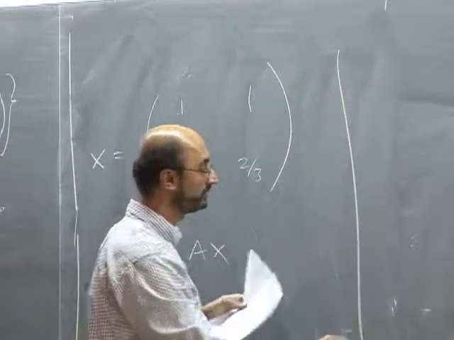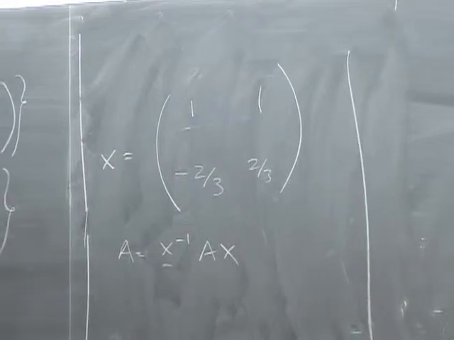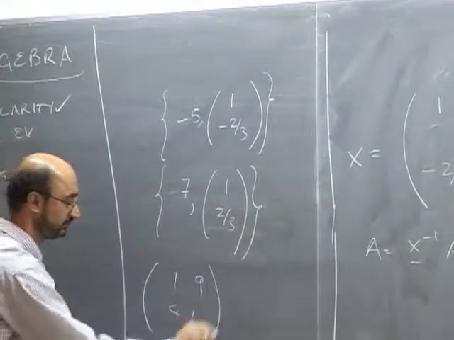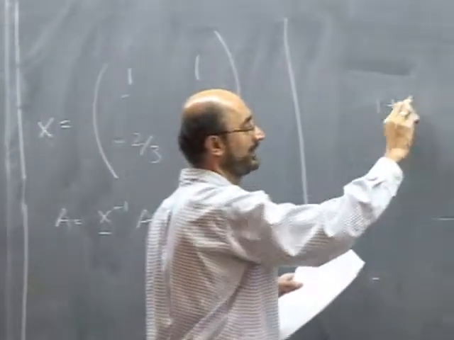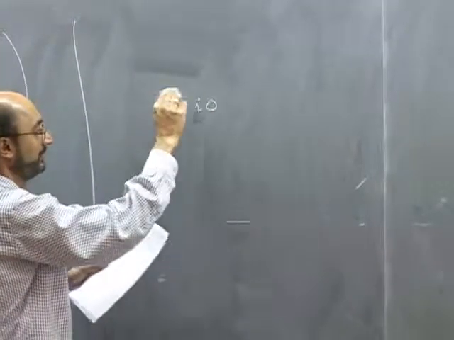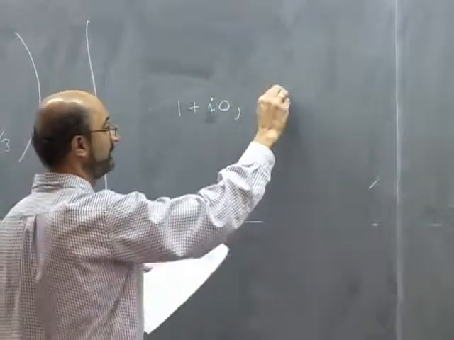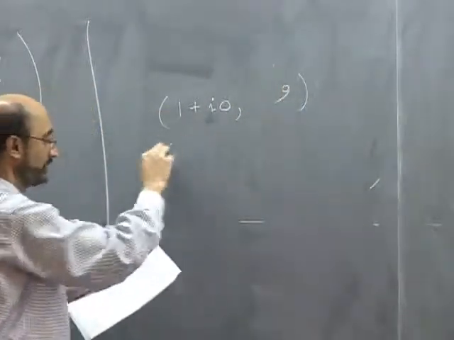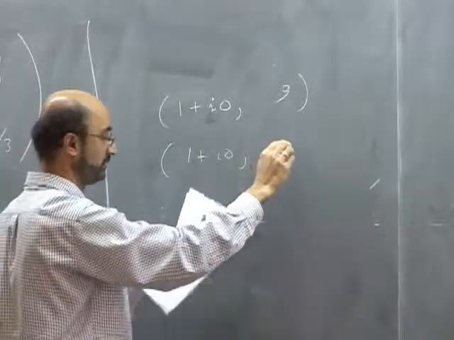And then the other one was what are the disks corresponding to the matrix [1, 9; 4, 1]. Now we can see it's just going to be 1 plus 0i, if you want to be really precise, as the center, and the radius is going to be 9. And the other one is 1 plus 0i, and the radius is going to be 4.